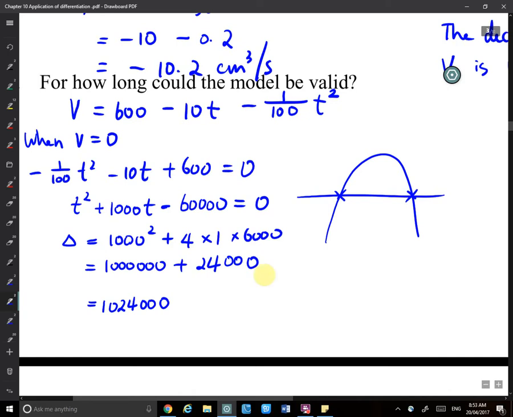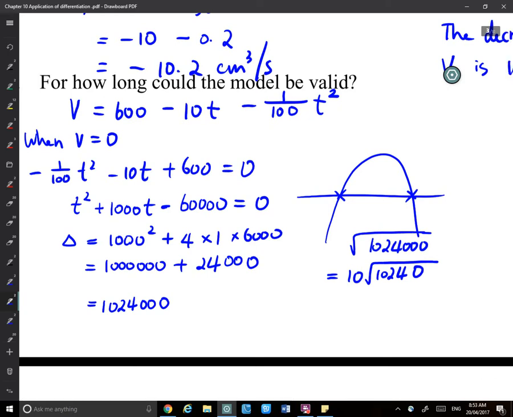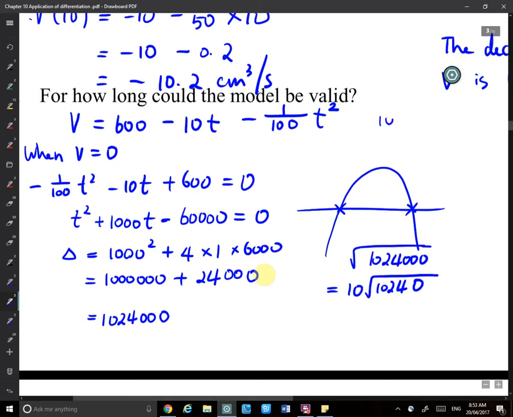And what's the square root of that? First I can take a 10 out: 10240, which is 10 times 1024. Take the 4 out, then another 4 out.